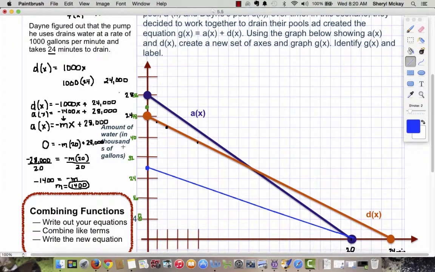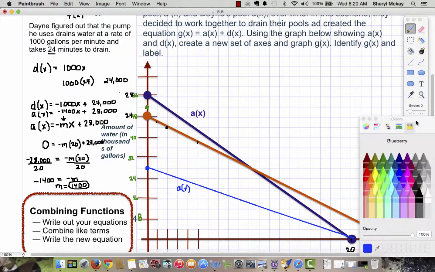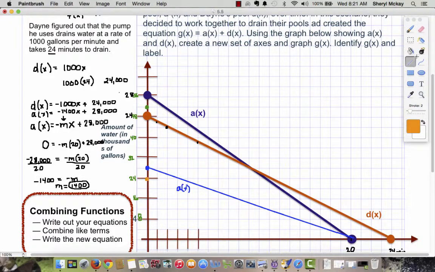All right. So there's a of x, and then let's put our orange one, which would be at 24,000. So it's going to be right there. Okay. And then we will draw a line.